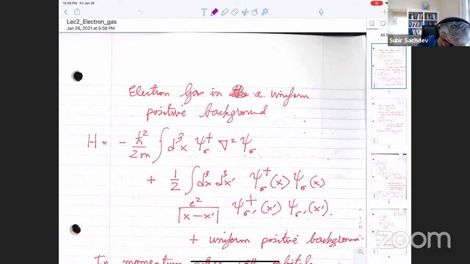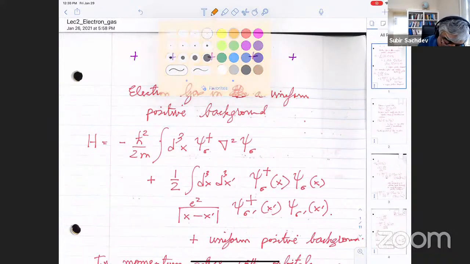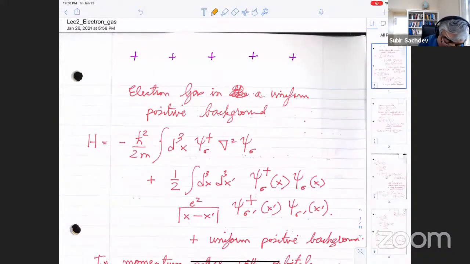The ions are rigid positive charges just sitting there in some lattice. They are not moving, but then you have electrons, the total number of electrons equal to the total number of charges, so everything is neutral. And these electrons are now moving around rapidly everywhere.